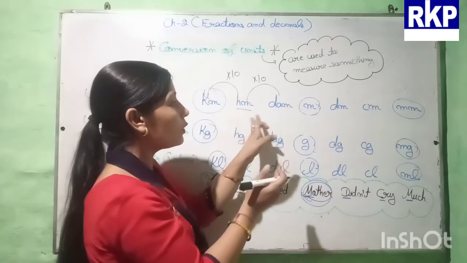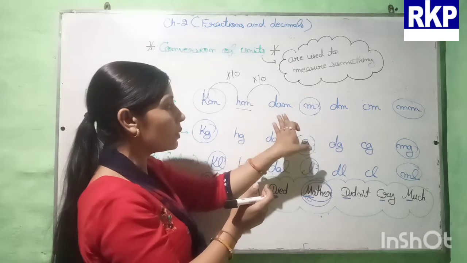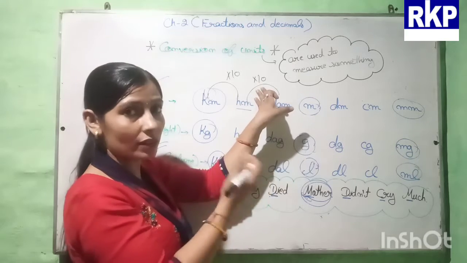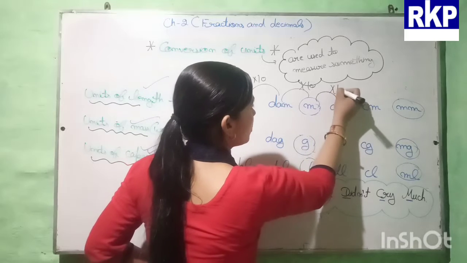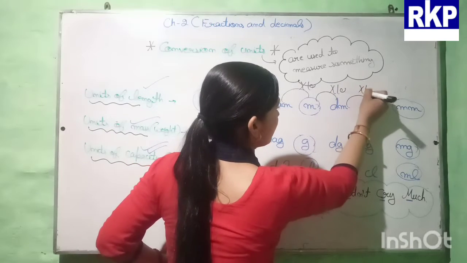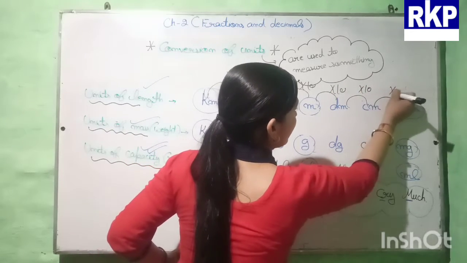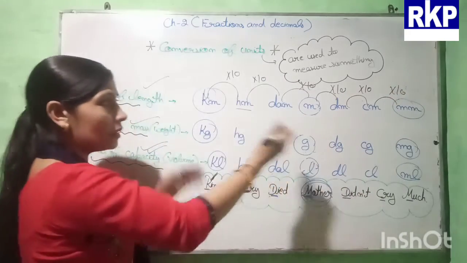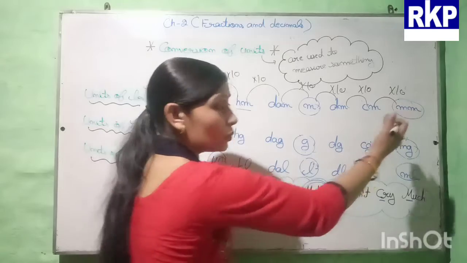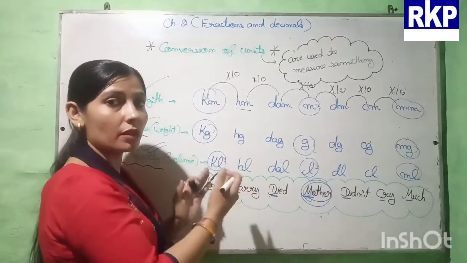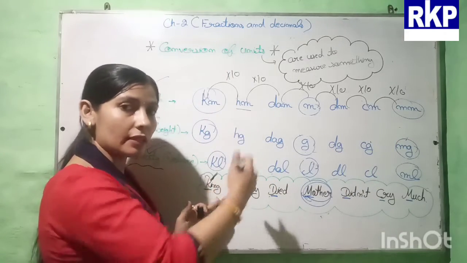If we want to convert hectometer into decameter, we need to multiply with 10, and like this here also. So every next unit is 10 times smaller than the previous unit. But when we move from right to left, every unit becomes 10 times greater than the previous unit.